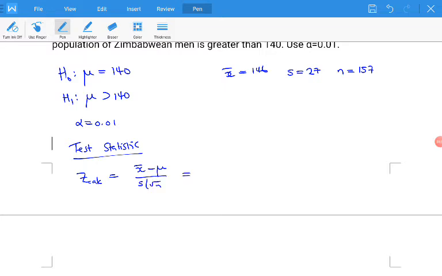This gives 146 minus 140 over 27 over root 157. So we get a test statistic of 2.7844.